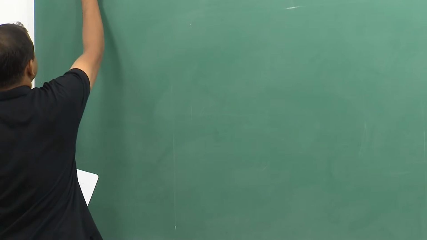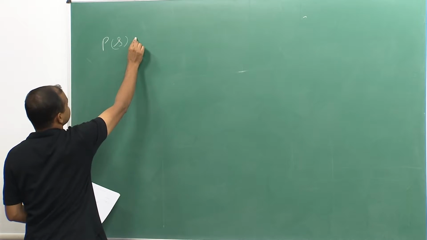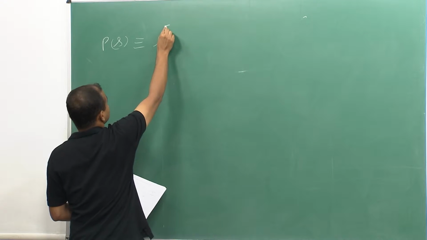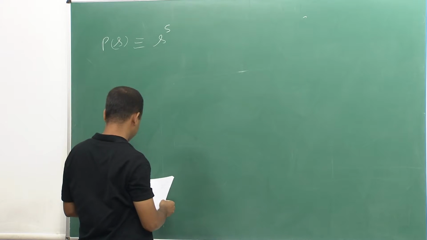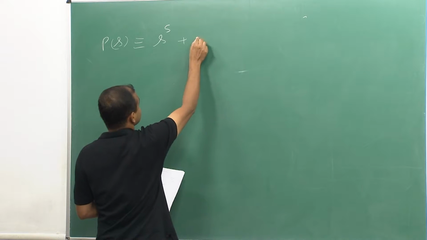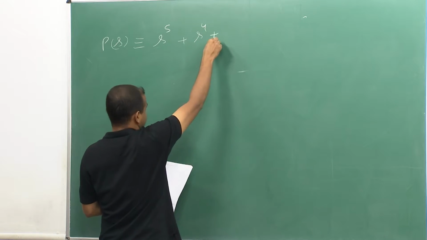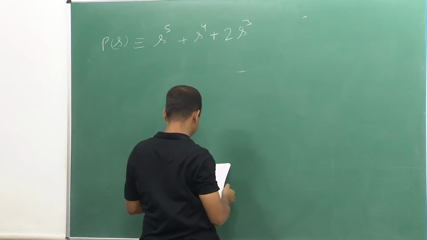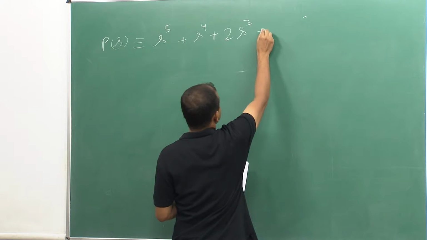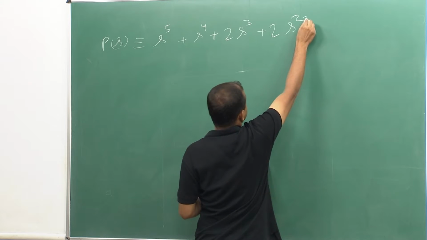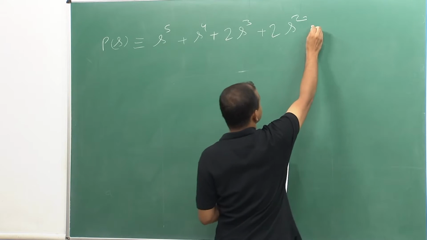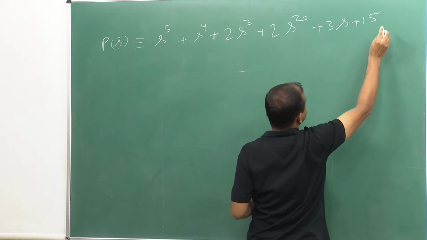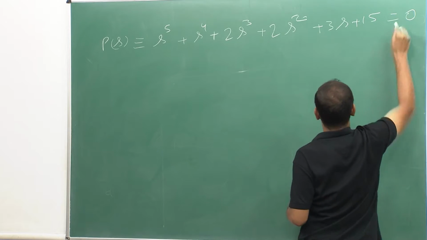The characteristic equation P of S is given by S to the power 5 plus S to the power 4 plus 2s cube plus 2s square plus 3s plus 15 is equal to 0.